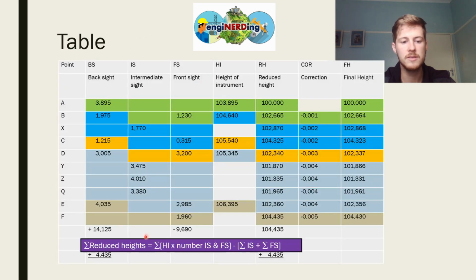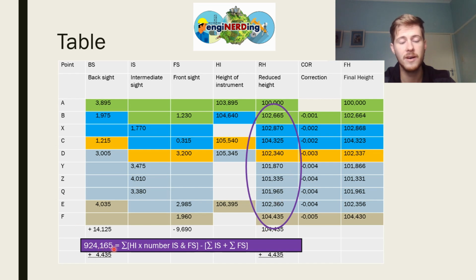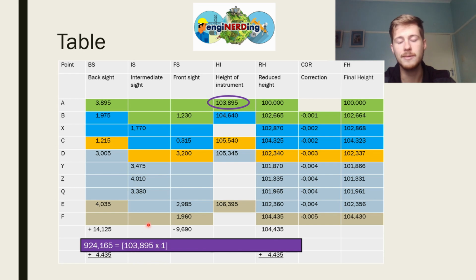So the way we do this is there's the formula. First we have to calculate the sum of the reduced heights. We take all these reduced heights, all of them except that first one, add them all together, and we should get 924.165. Then we do our height of instrument times the number of intermediate sights and foresights in that setup.